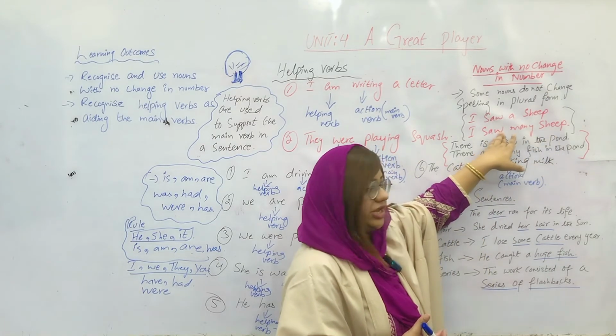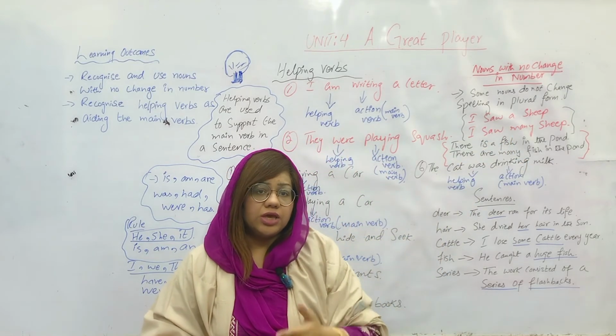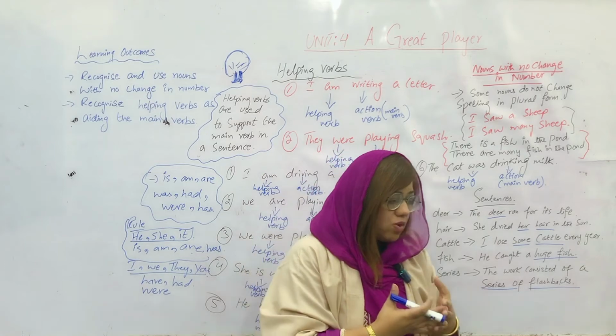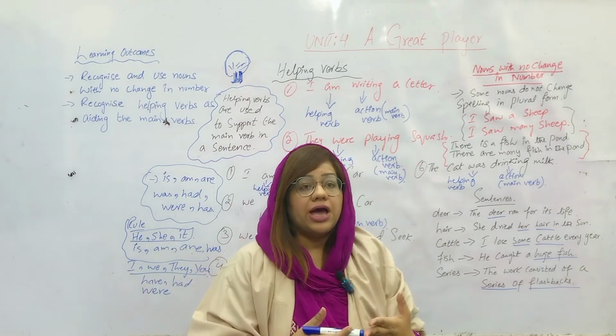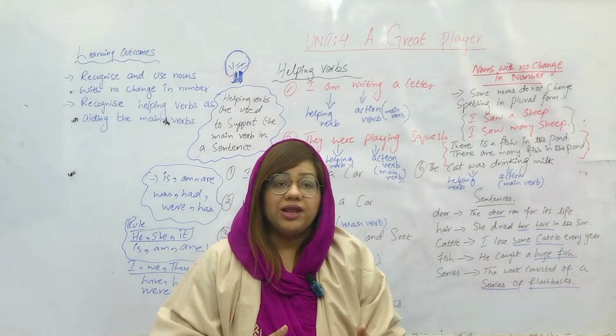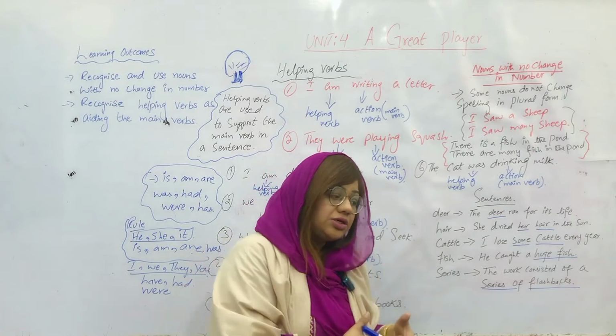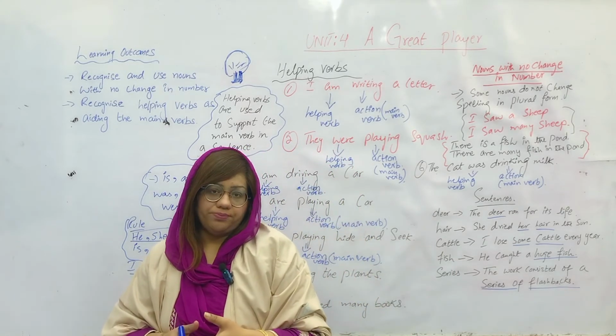Either way, the sentence is used in a plural form. So what I want to explain to you is that there are some nouns that do not change their spelling, whether they are used in a singular form or a plural form.